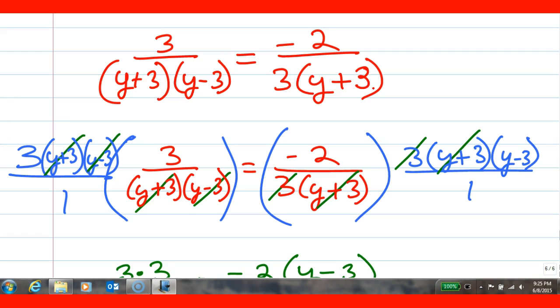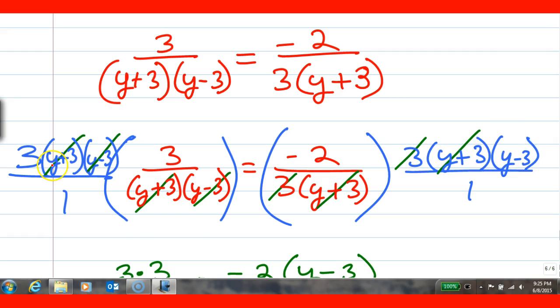So the other things they need, if we look over here on the left, we still need a 3 for this one. And if we look over on the other side, we also need a y minus 3. So the lowest common denominator is going to be everything that we see present here multiplied together. So 3 times y plus 3 times y minus 3 combined together.